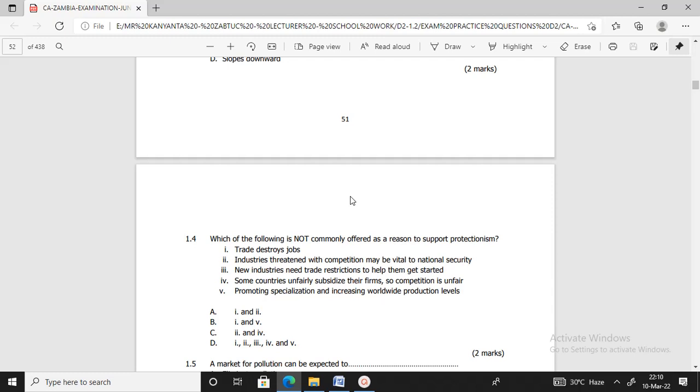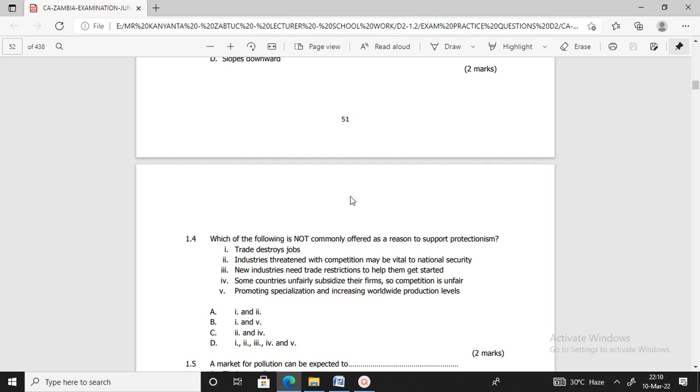Number three, new industries need trade restriction to help get started. So that's protecting infant industries. That's also a reason for protectionism. Number four, some countries unfairly subsidize their firms, so competition is unfair. So unfair competition is another reason for protectionism.